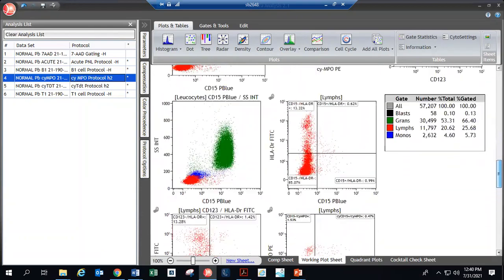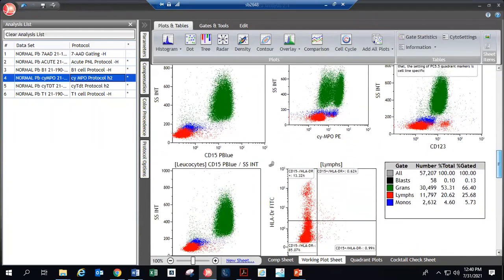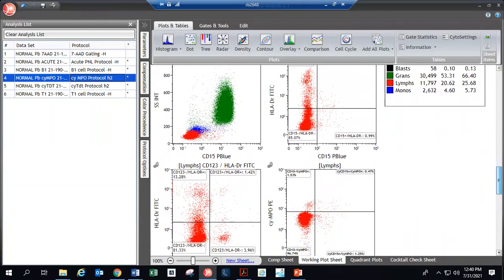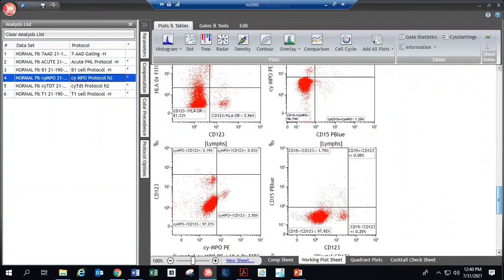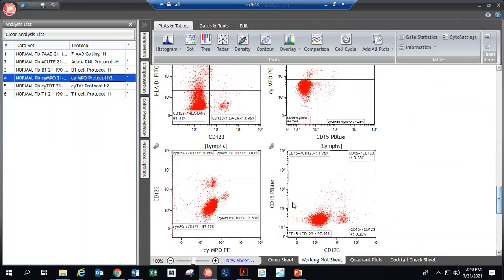They will be present in the normal myeloid series. So as we know, the MPO is present in the normal myeloid series. So when you have to differentiate the blasts, whether they are MPO positive and of myeloid lineage, you go for the MPO panel. And this is again the lymphocytes, so that's not relevant.